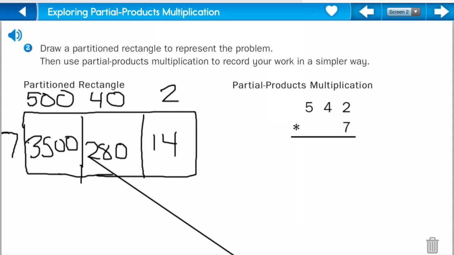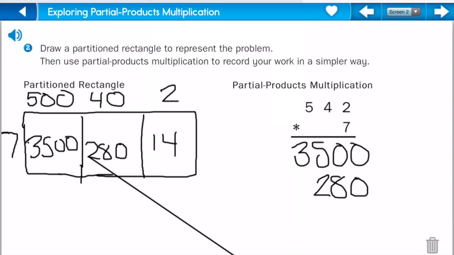So now we're going to add these together. So we're going to put 3,500 plus 280 plus 14. And that equals 0 plus 0 plus 4 equals 4. 0 plus 8 plus 1 equals 9. 5 plus 2 equals 7.